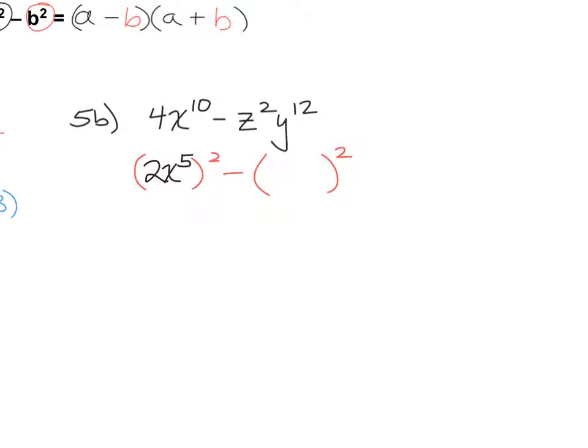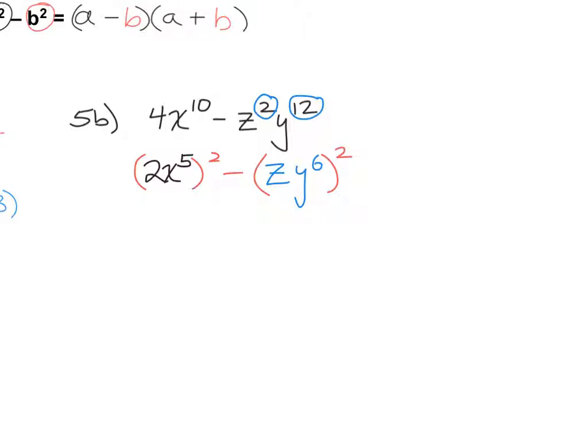All right. Now, in terms of the other part, the z squared y to the 12th, a little bit of a different story. Still the same technique, though. Divide each of your powers by 2. So z y to the 6th, exactly. Because really what we're doing here is taking the square root and then writing it as a power of 2, because a square root and a power of 2 will cancel each other.